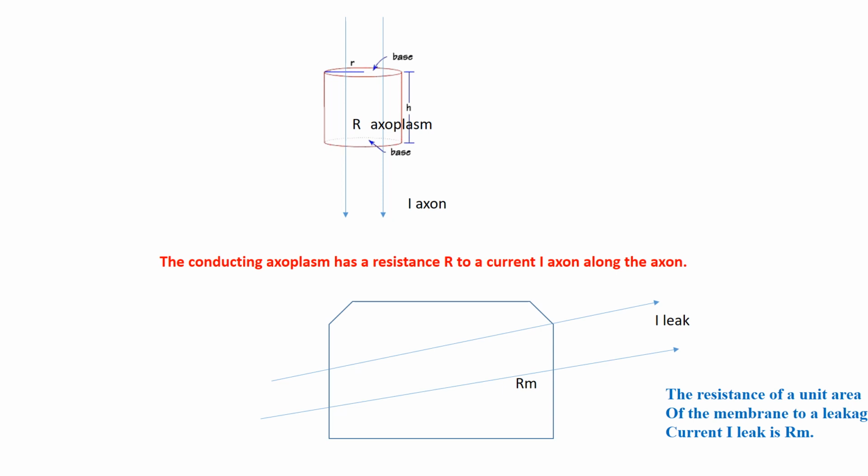It will be given to you. It depends on the type of the axon that we are dealing with. There are two types of the axon. One is called myelinated axon, and the other is called unmyelinated axon. And this Rm is different from myelinated to unmyelinated axons. And in the problem given to you, Rm will be given to you as a constant parameter.